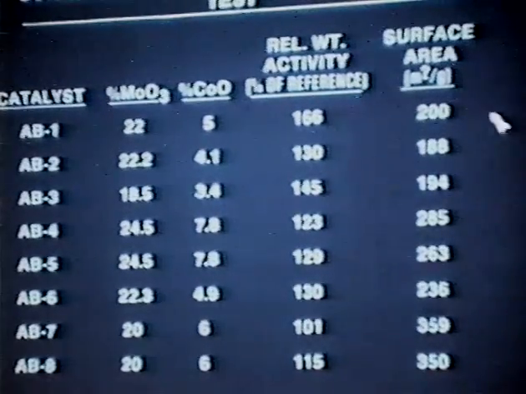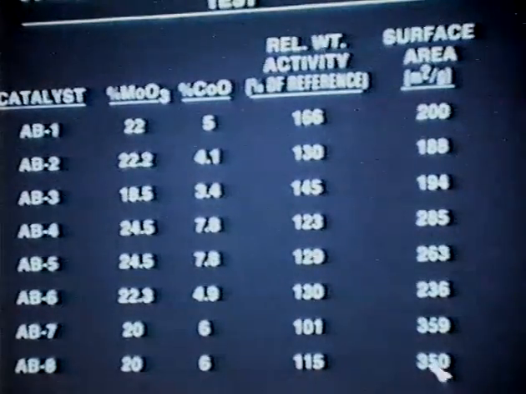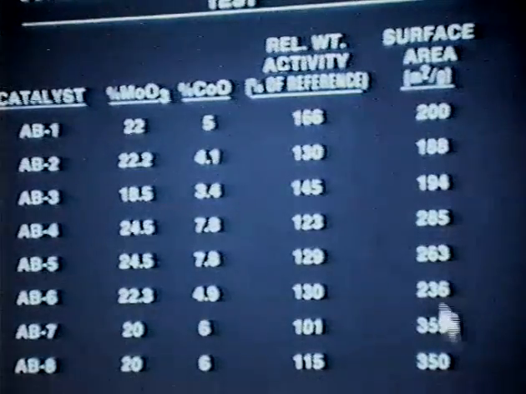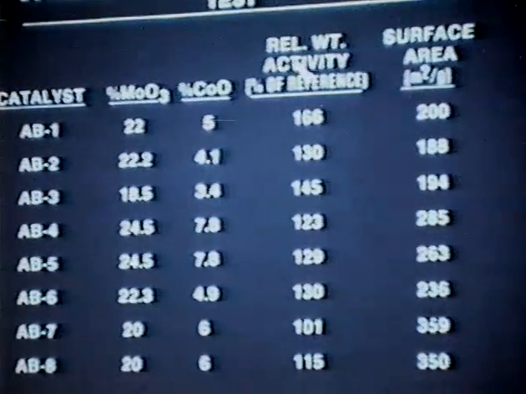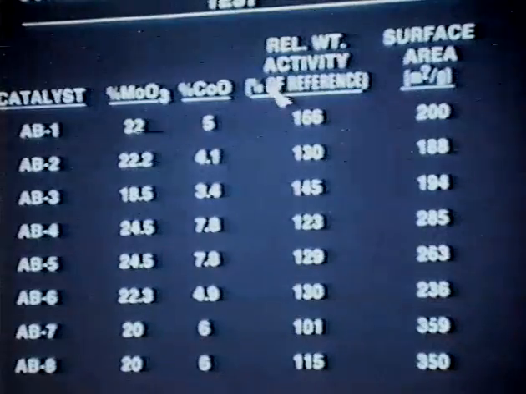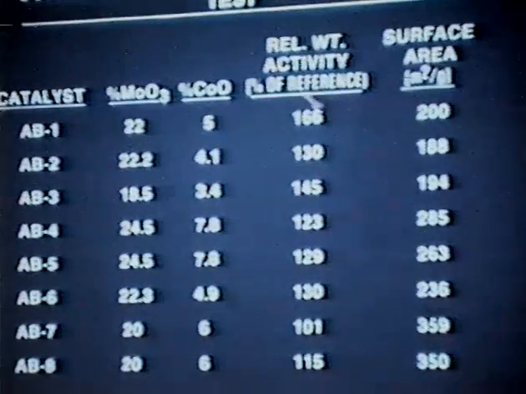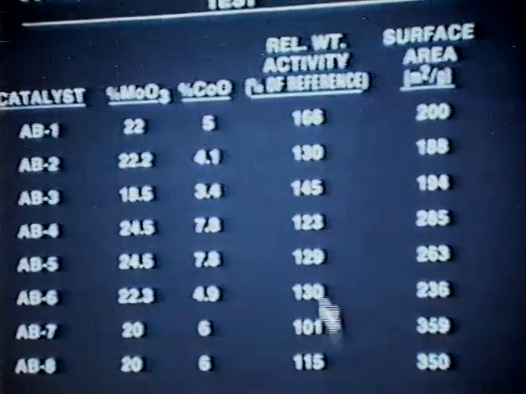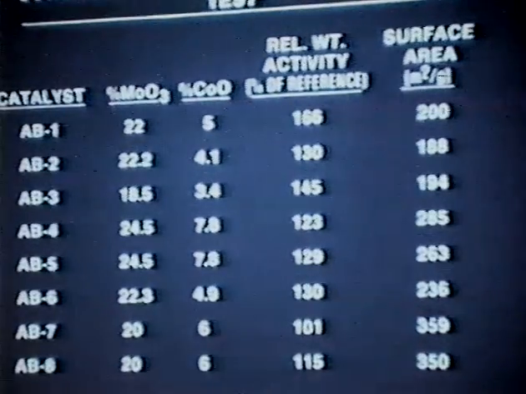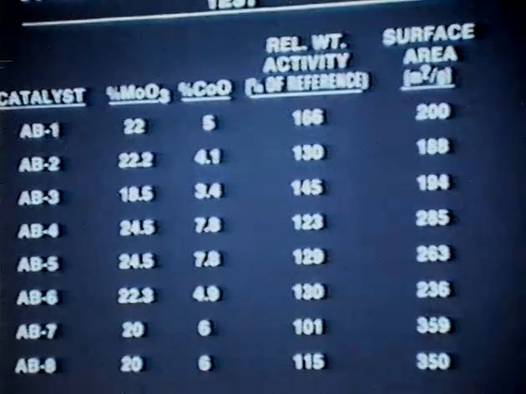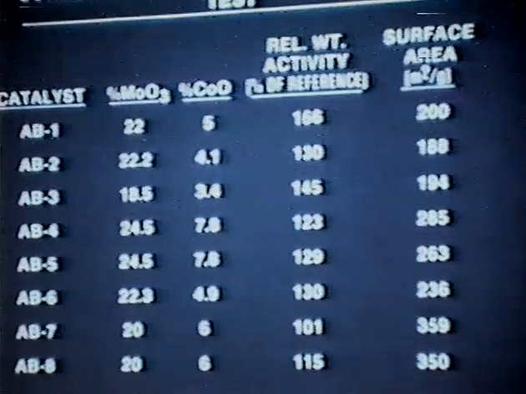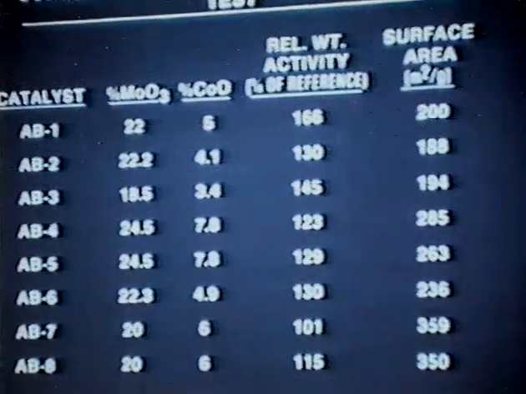The surface areas of the catalyst are shown here, and that'll be important in a minute when we discuss the graph after this. But the relative weight activity expressed in terms of percent of a commercial reference is given here. And what a relative weight activity is, for those who are not familiar with it, is the rate constant for the catalyst divided by the rate constant for the reference catalyst for the same test.